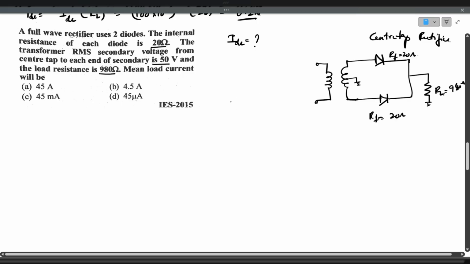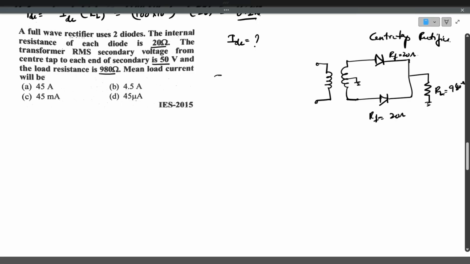Now we have to calculate IDC, whereas IDC is equal to 2 Im by pi. We do not know what is Im. So to find out Im, we have a formula Vm divided by Rf plus RL. Here, why do we consider Rf? Because the Rf value is given in the question. Now, V maximum. Here, the secondary voltage is given as 50 volts.